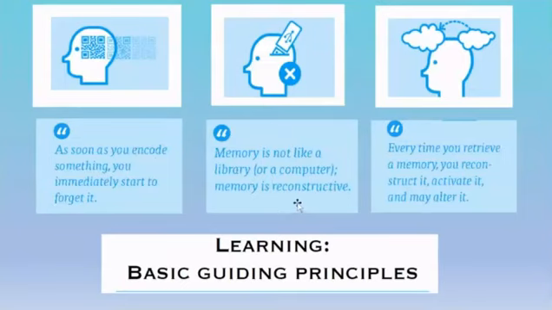Memory is not like a library. Because we are humans, we can reconstruct our memories from a few years back. Computers cannot reconstruct, but humans can, because we have a brain. And then we retrieve the memories; we have short-term memory and long-term memory.